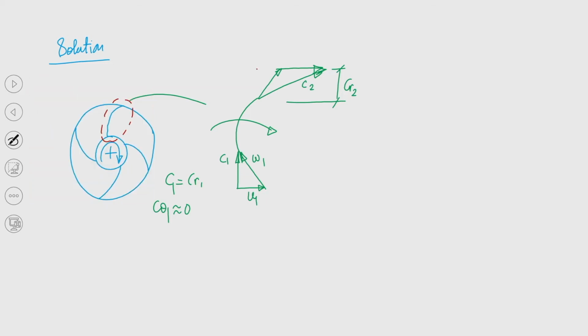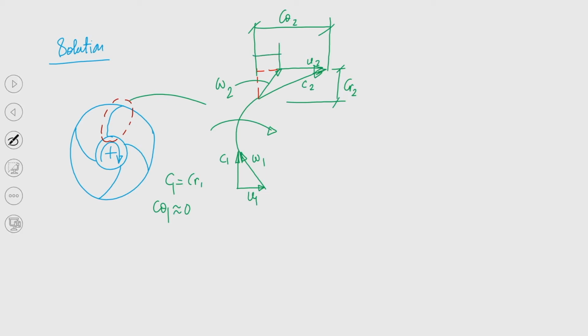Now I am using a different color, so this is W2, okay. Now, you see this is U2, and you can understand this is C theta 2, the component of absolute velocity in the tangential direction.